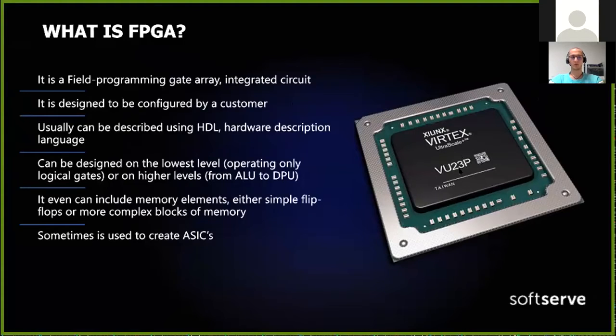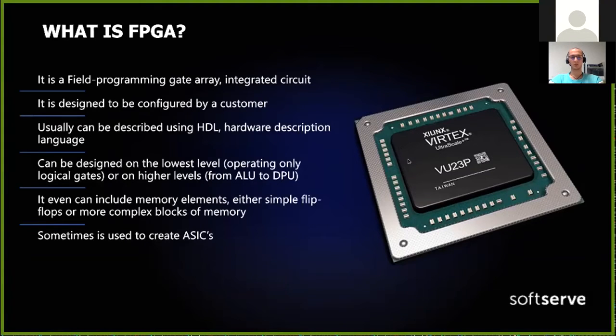Usually it can be described in HDL, hardware description languages like Verilog and VHDL. And it's important that we don't program an FPGA, we just describe the architecture using these languages.